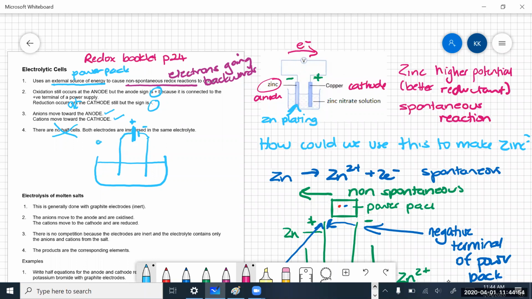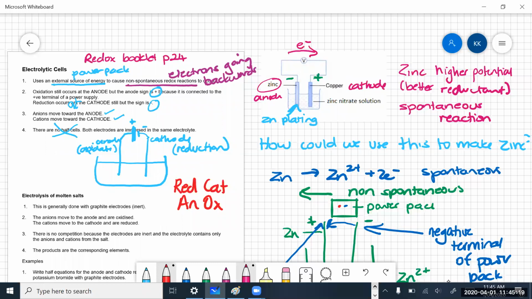So this is now the anode, this is now the cathode. They've just changed sides, but the anode is still going to have oxidation, and the cathode's still going to have reduction. Red cat and ox, always. So don't forget, red cat and ox. That never ever changes.